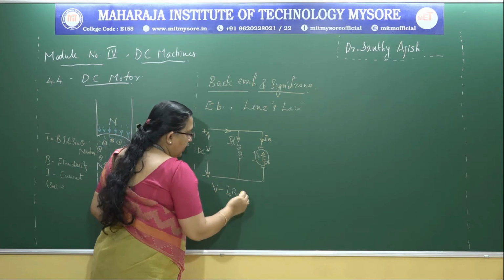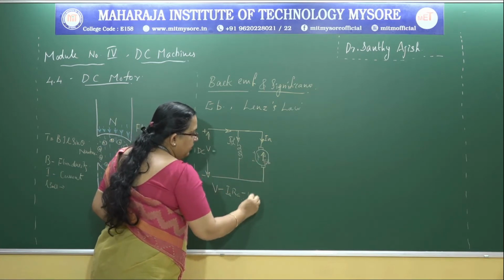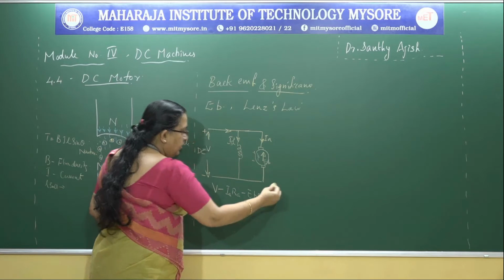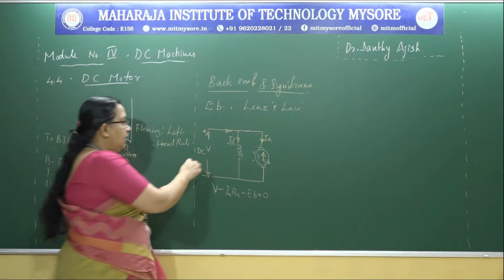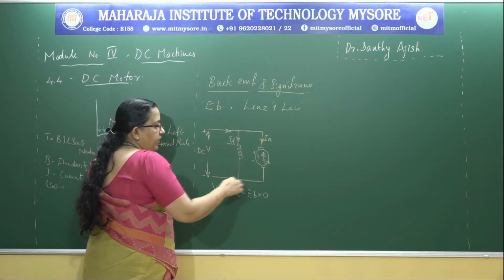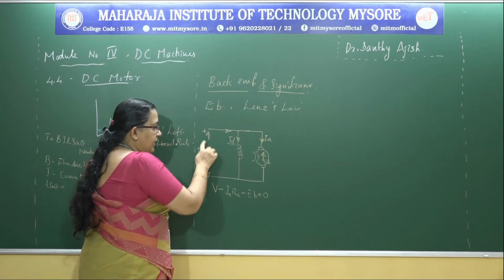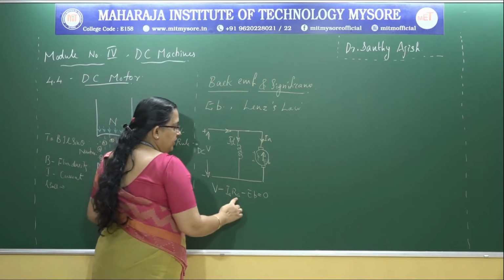So V minus IaRa minus EB equals 0. This is the KVL equation.